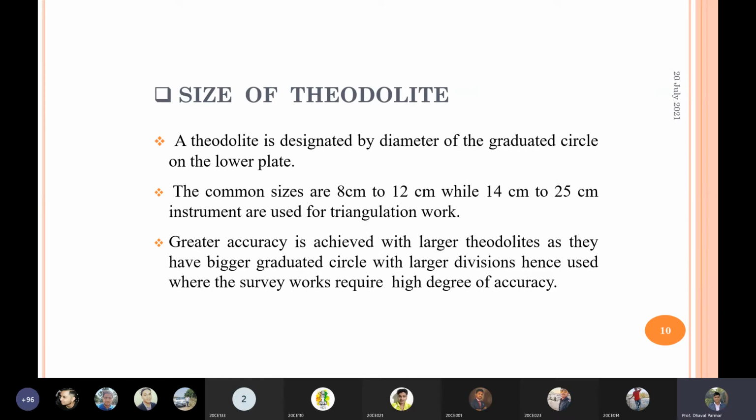At that time, this triangulation work is useful. Traverse surveys are there, triangulation works are there. Triangulation work can be useful for higher accuracy, because the accuracy is more.